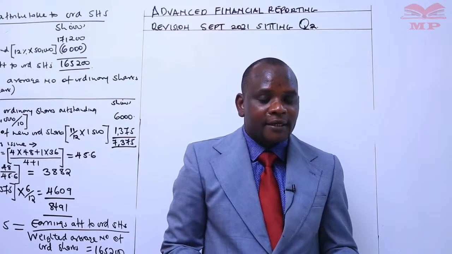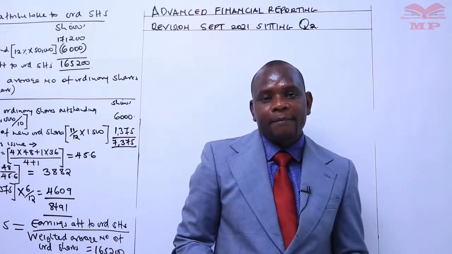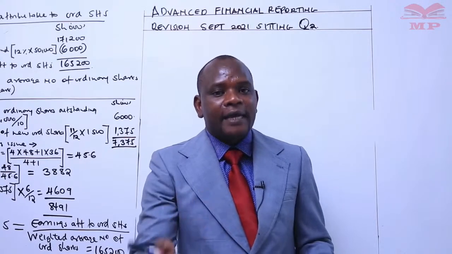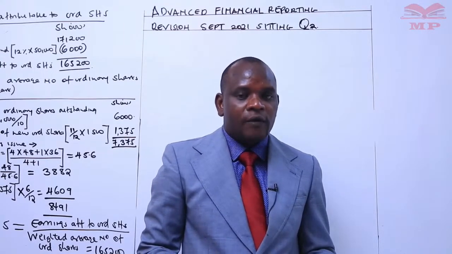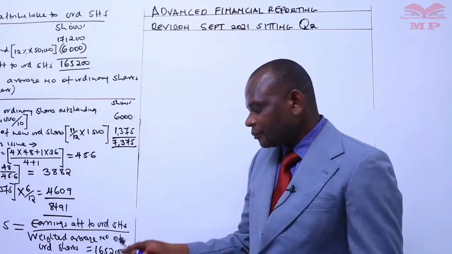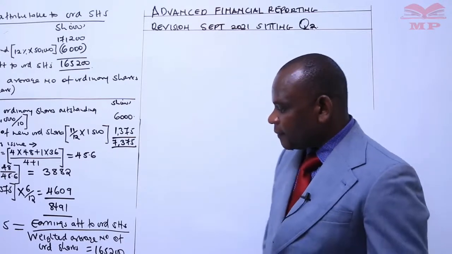According to IAS 33, you are required to assume that the employees will exercise the options so that you proceed with projecting the diluted EPS.